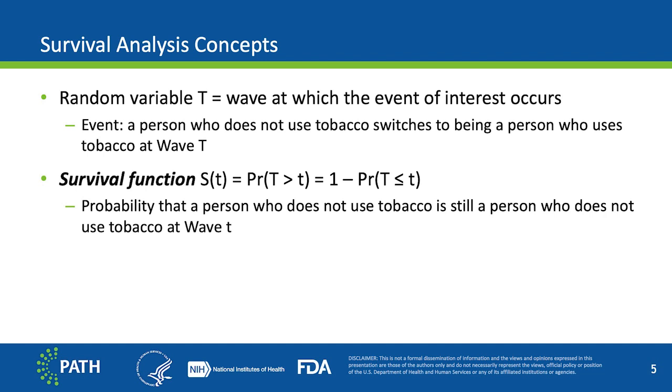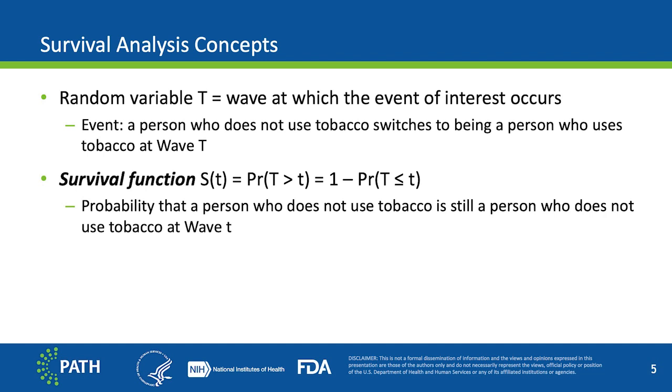But in survival analysis, what you are typically interested in is a survival function or a hazard function rather than a distribution function. And the survival function, written as S of t, is the probability that the switch happens at a time that's later than some fixed time little t. And so that's the probability that a person who does not use tobacco is still not using tobacco at wave t.